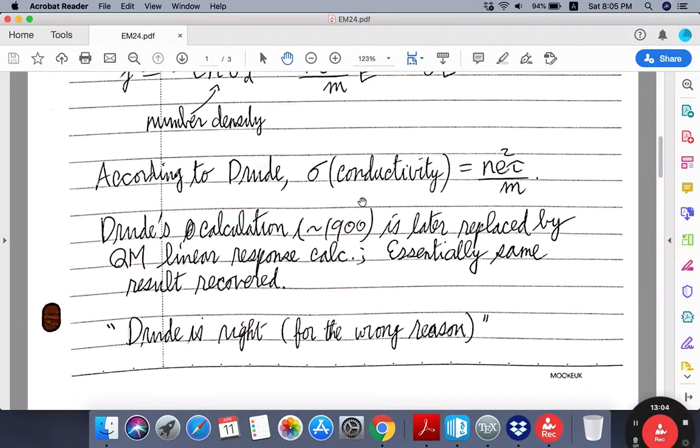Okay, so according to Drude, this conductivity is proportional to the number density of electrons, inversely proportional to the mass of the electron, and proportional to this mysterious new quantity called the relaxation time.